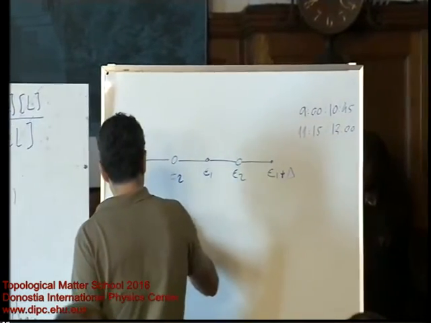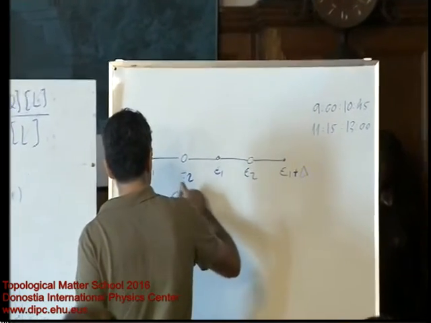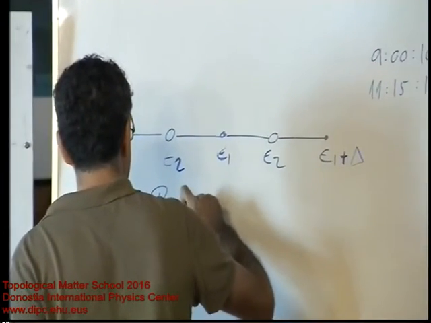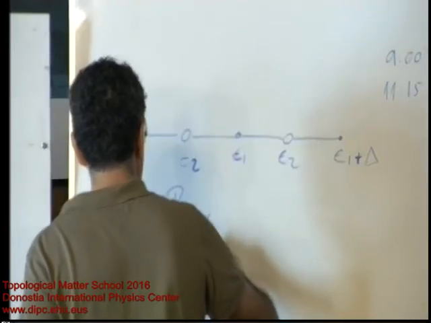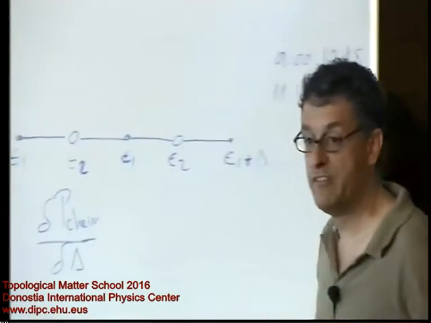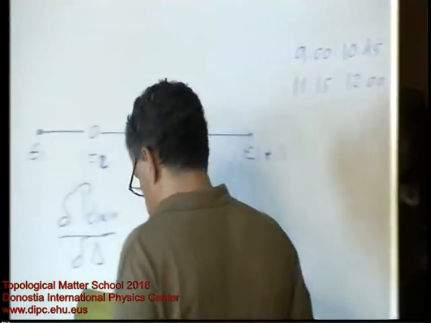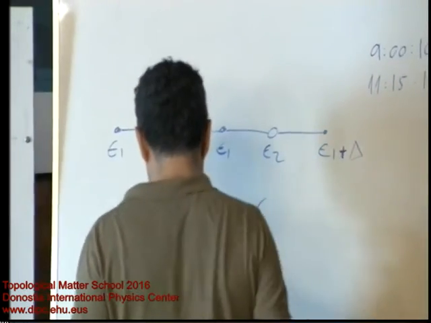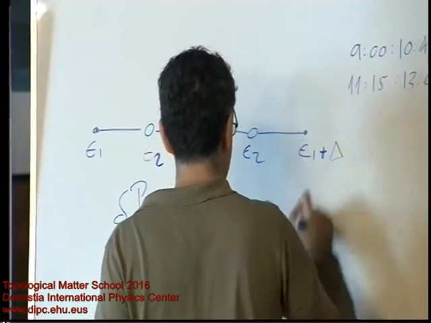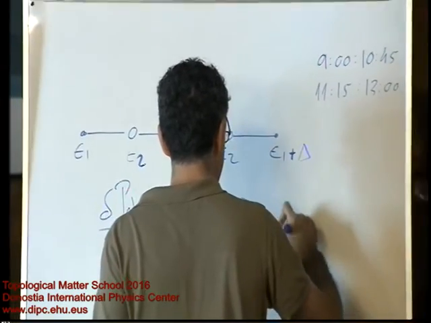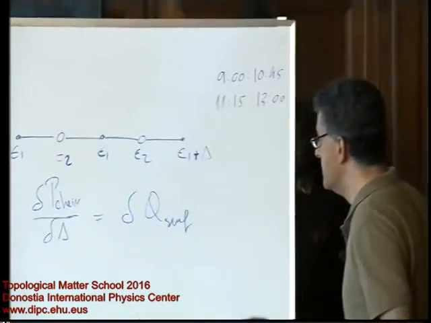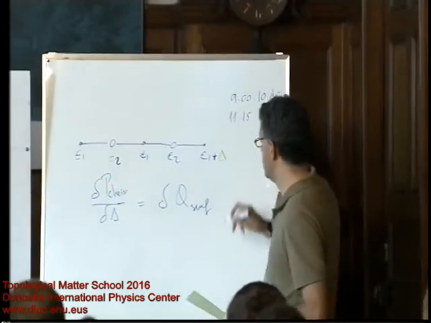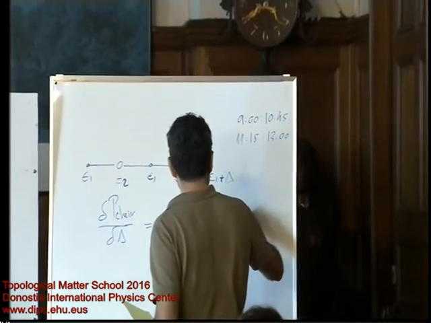the change in the polarization of the chain due to this modification at the edge, which is going to be basically the change in the surface charge at that edge, is going to be non-zero.